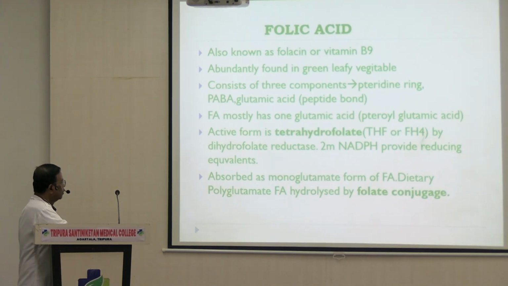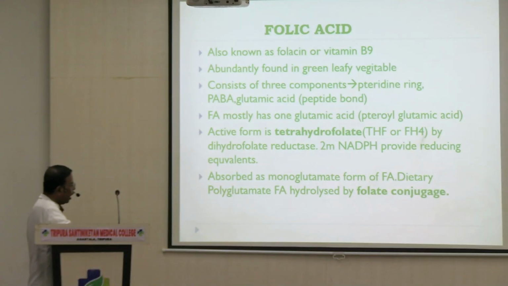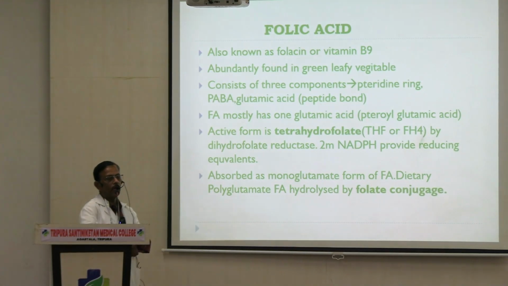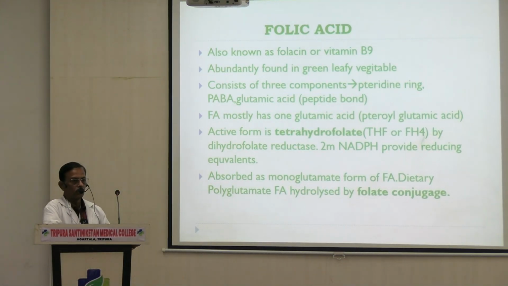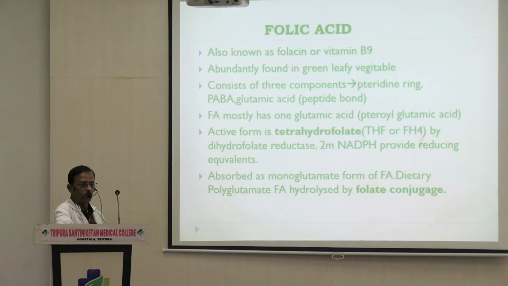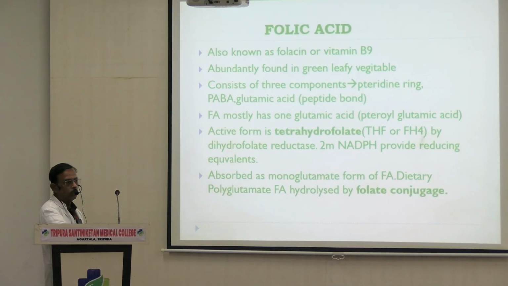Dietary polyglutamate is hydrolyzed by folate conjugase. In the diet, it is present as polyglutamate. So polyglutamate is not absorbed. Polyglutamate is cleaved by the folate conjugase to monoglutamate after removing 6 or 7 glutamic acid residues. So it becomes monoglutamate. Only then it is absorbed.